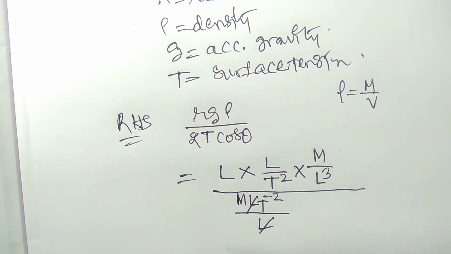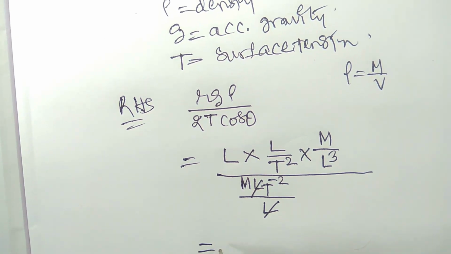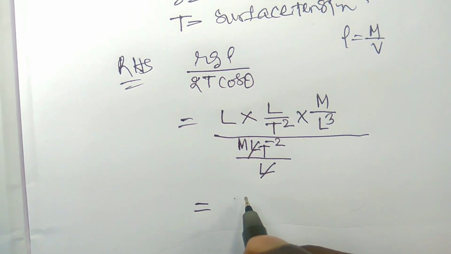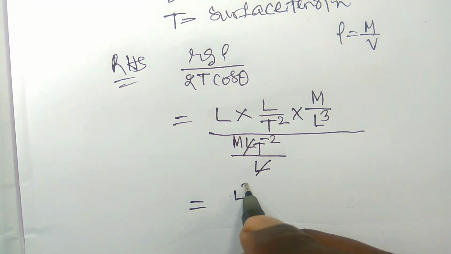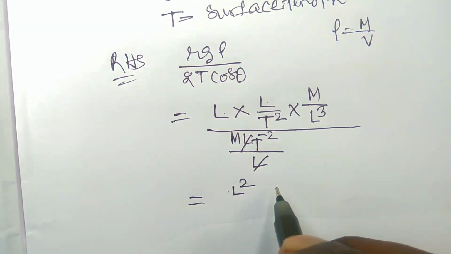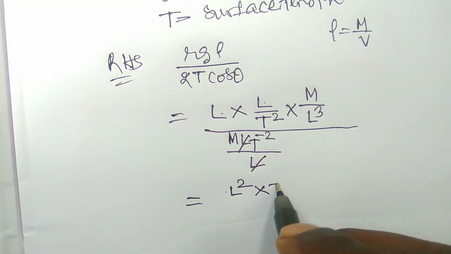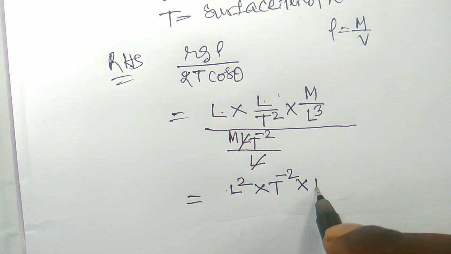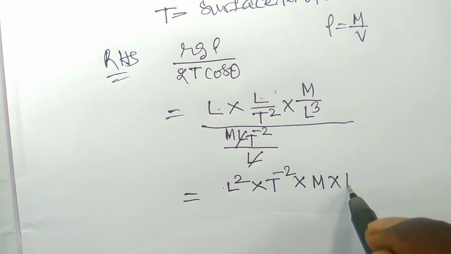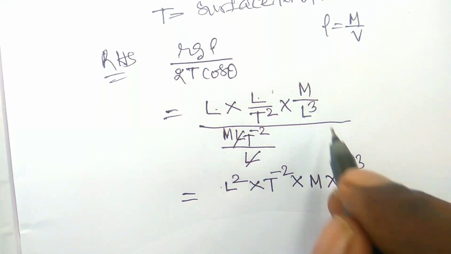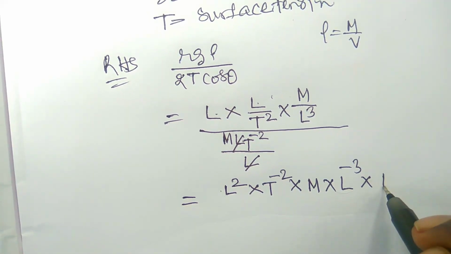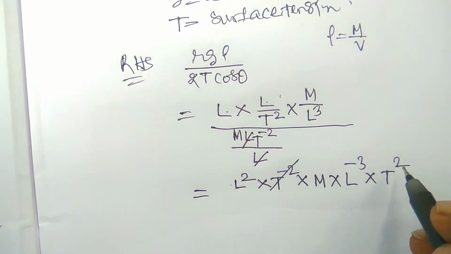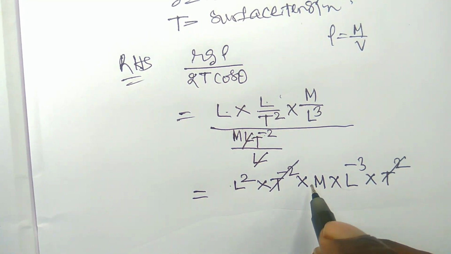Then you can write: L into L square into T power minus 2 into m into L power minus 3, okay, into T power 2. So this T minus 2 and this T square will be cancelled out.